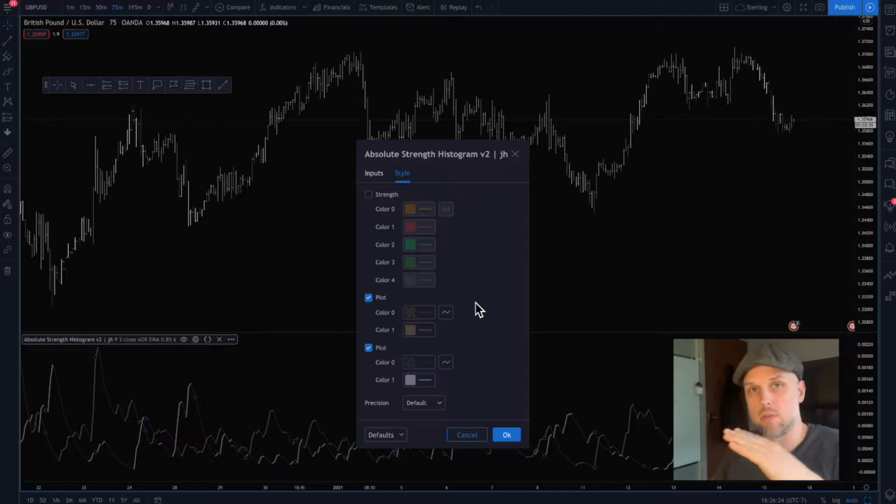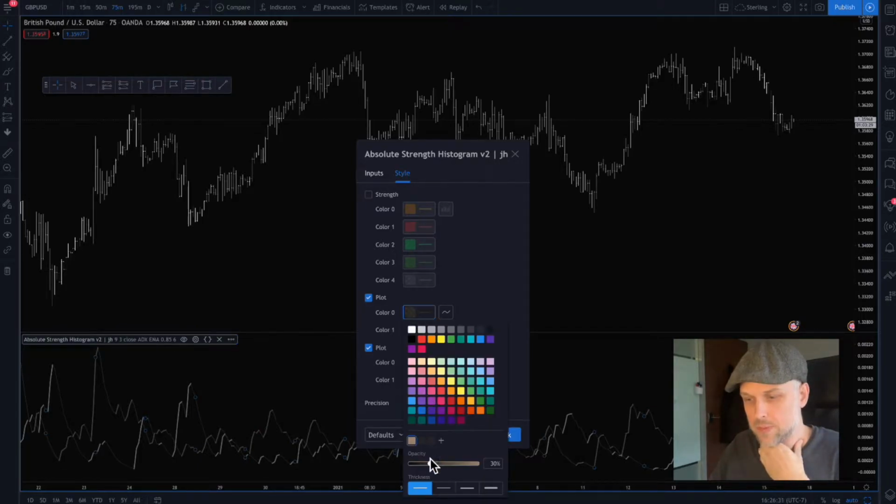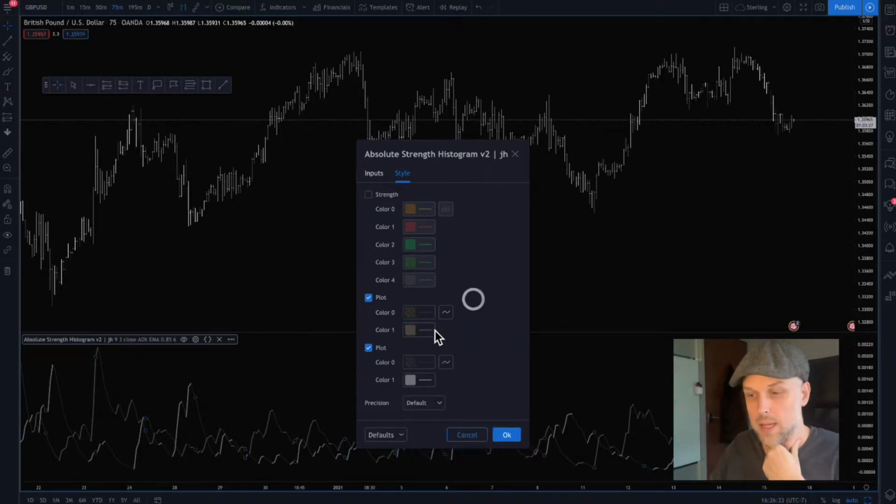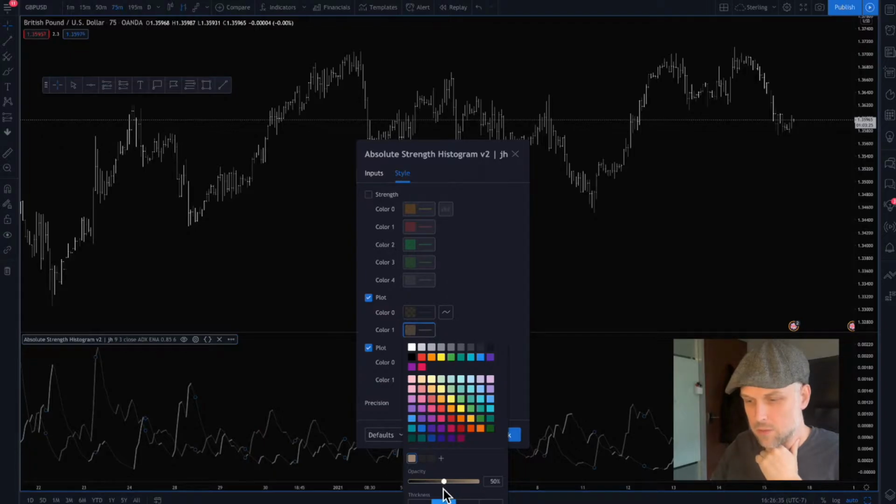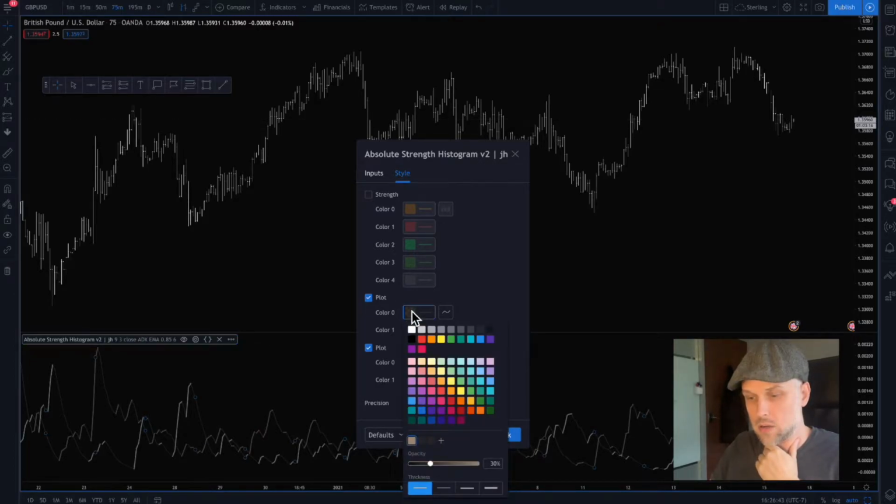upswing of the line is a little bit more bold, more bright, and then the downswing is a little bit more opaque. So, for example, a little bit bold on the color 1, set to 50% opacity, and then here, color 0, it's 30% and it's thin.